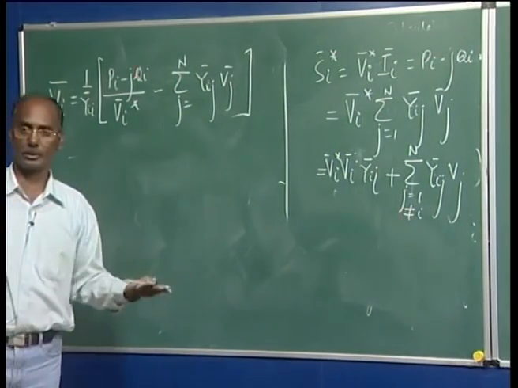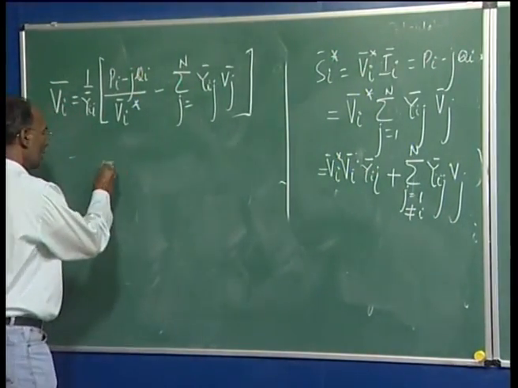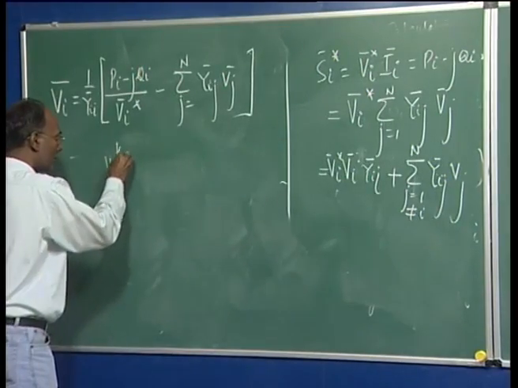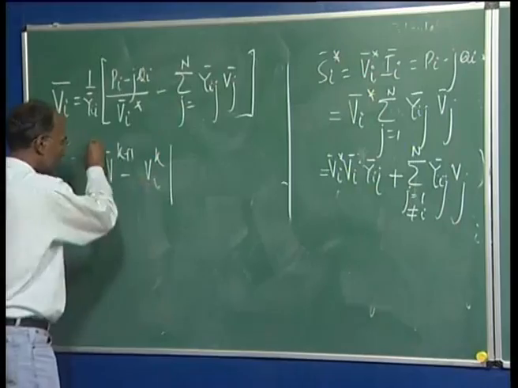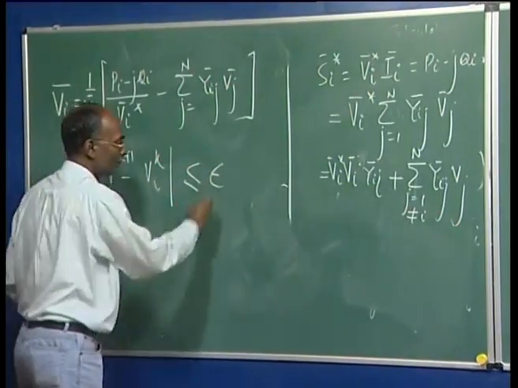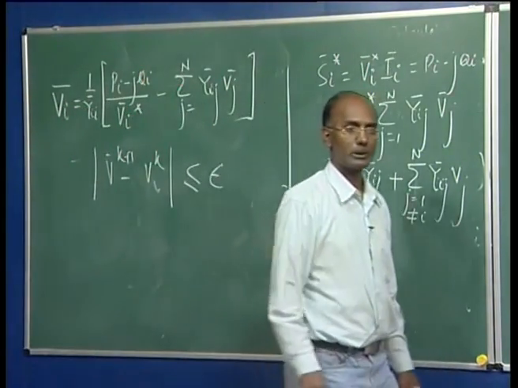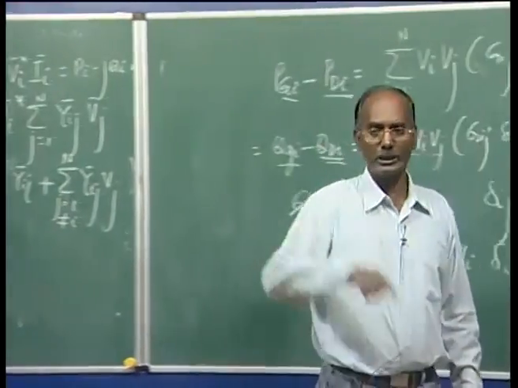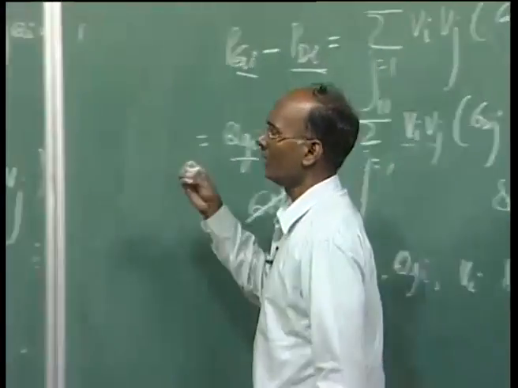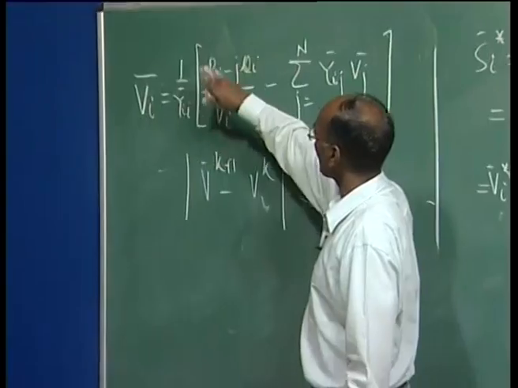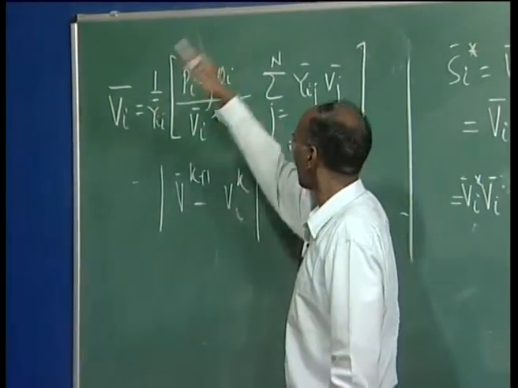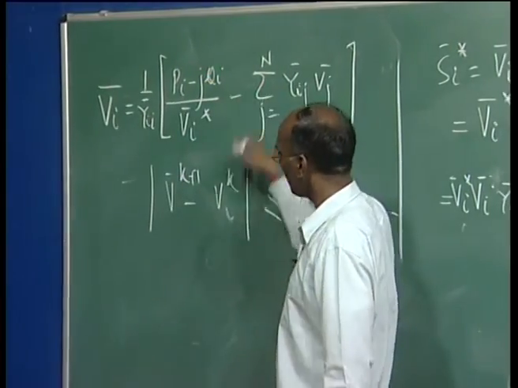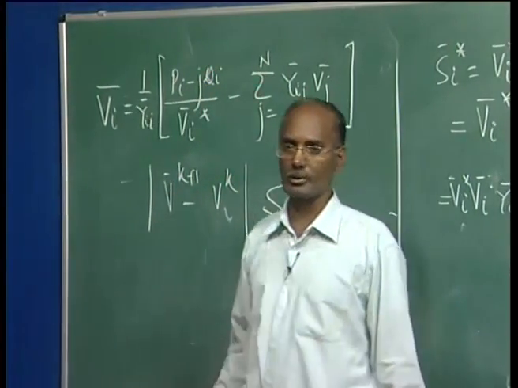It is an iterative process. We calculate V(k+1) minus V(k) for all the buses, and when it is less than a certain epsilon, we say the solution has converged. In the first iteration you take the initial values, calculate all the Vi's, then again put in these values and calculate. This is the iterative process.